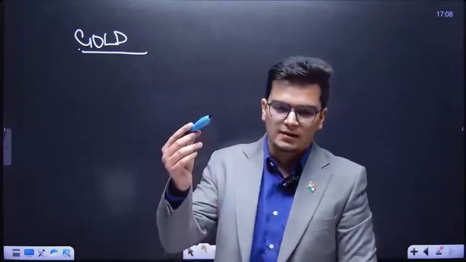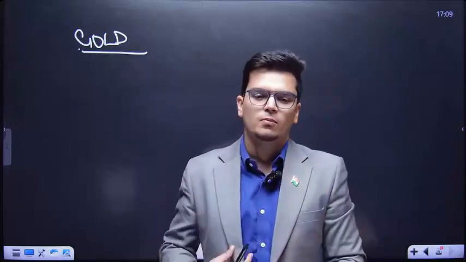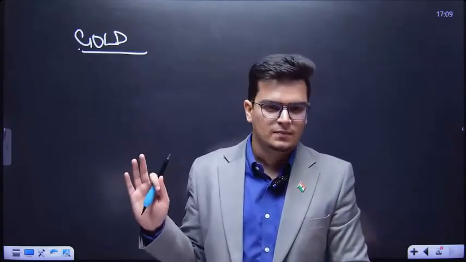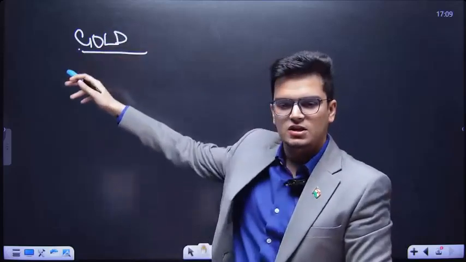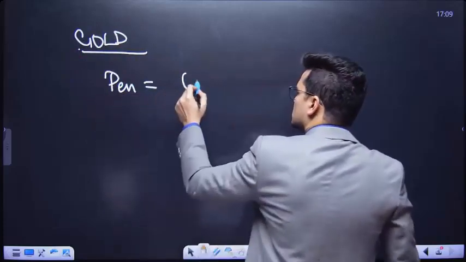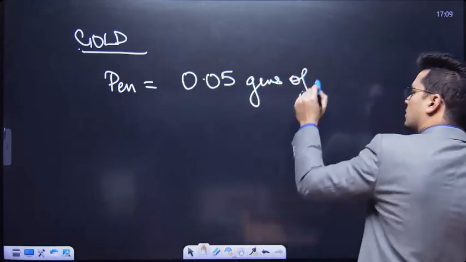So you want to buy this pen, you give 0.001 gram of gold. You want to buy this coat, you give 0.005 gram of gold. Something like that. Everything is exchanged through the idea of gold. So I am saying the price of this pen is 0.05 grams of gold.